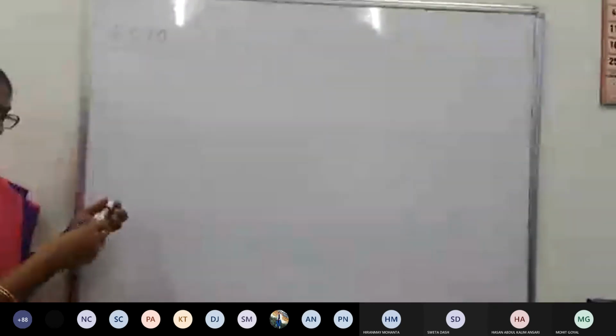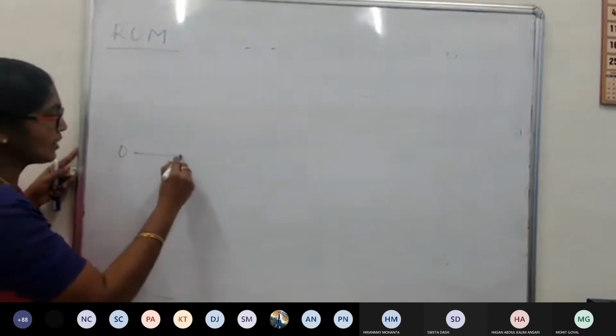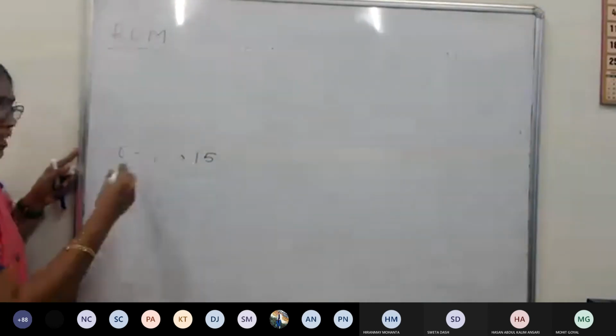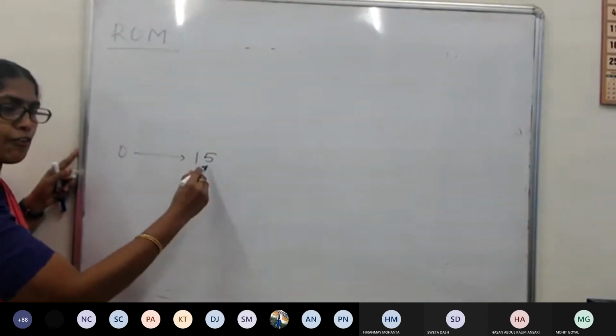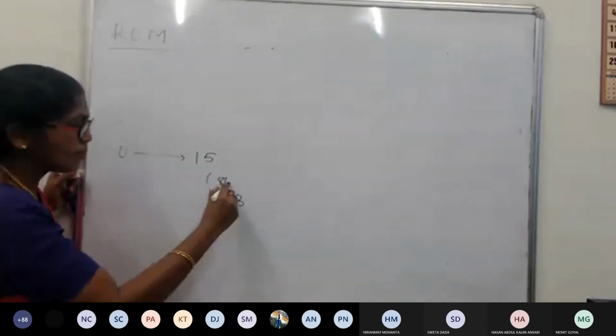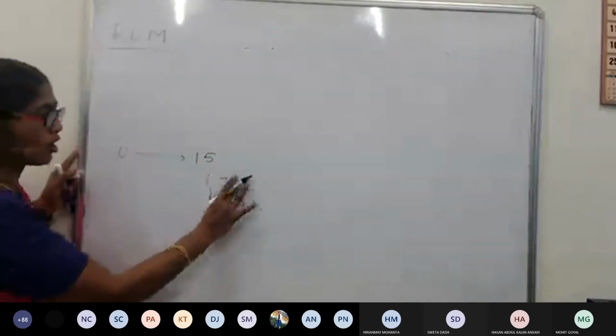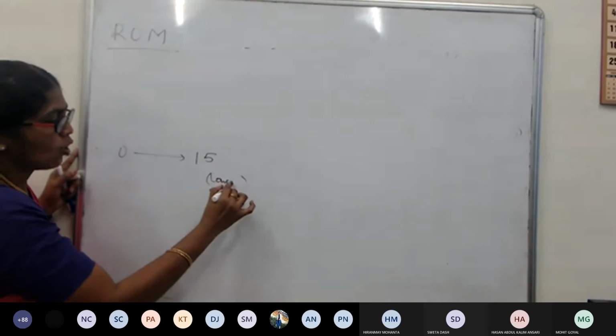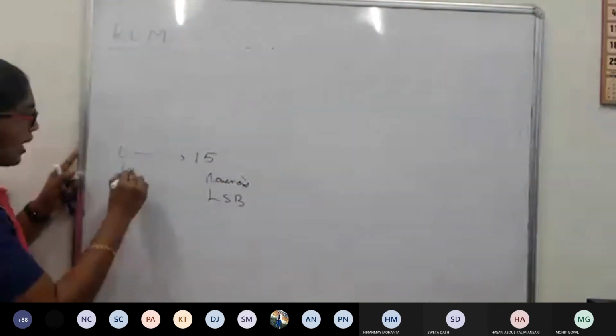Sorry, for the rest of the class, please don't mind. Somebody asked me this question, let me tell you. 0 to 15, those are 16 bits, right? So I will have 8 bits of lower order and 8 bits of higher order.